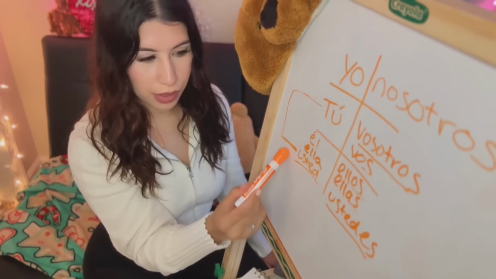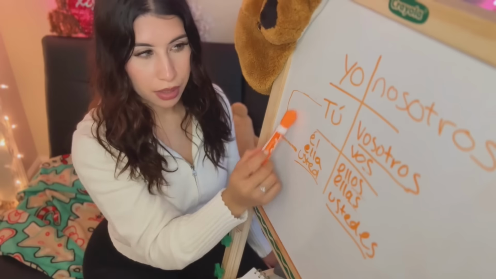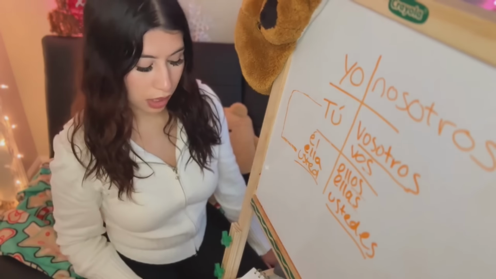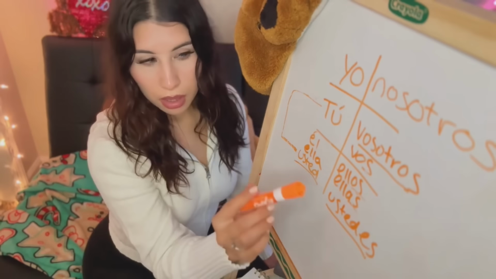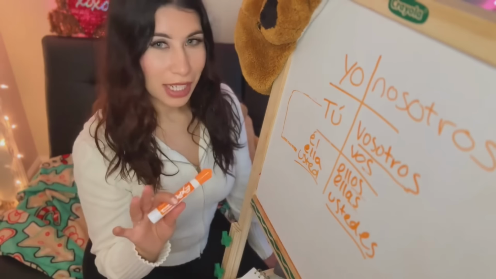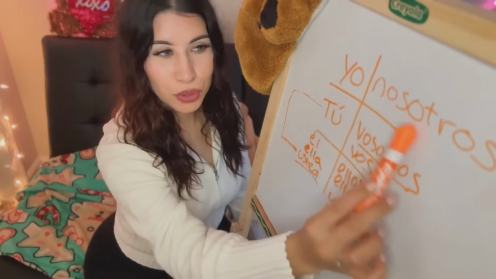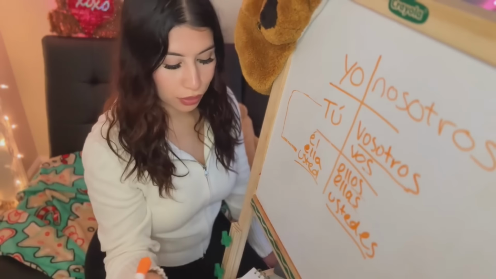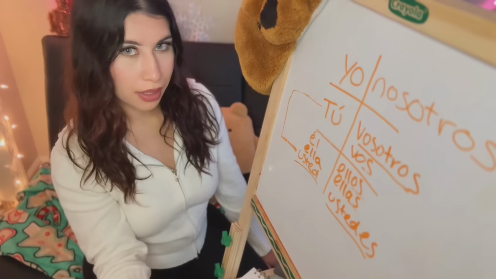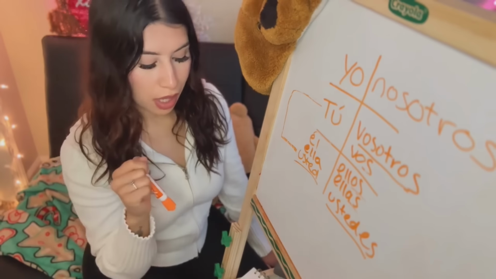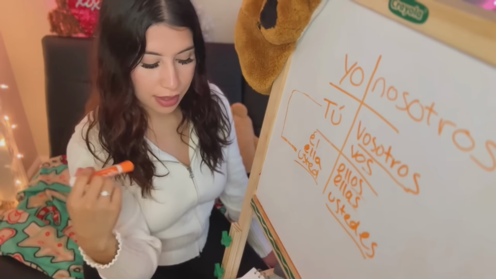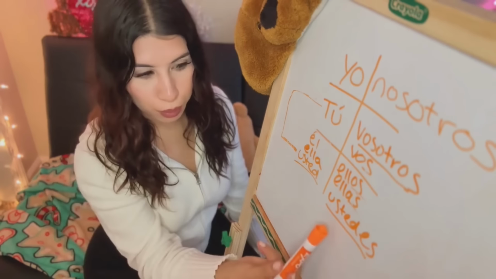And then usted also could mean you. We did the whole formal, informal thing. Next, take your time. Nosotros is we. Vosotros is you plural. And then ellos, ellas, and ustedes is they and you plural.